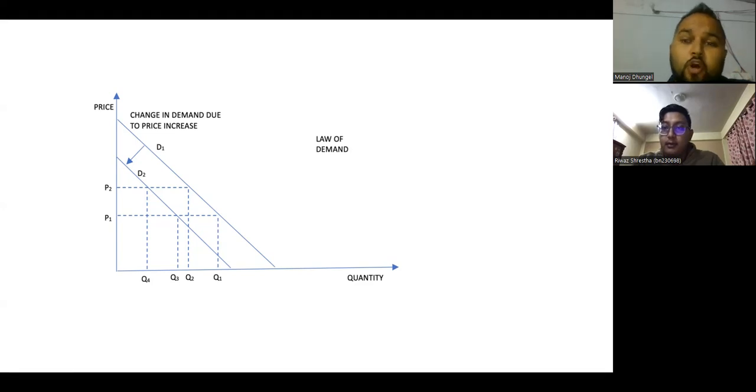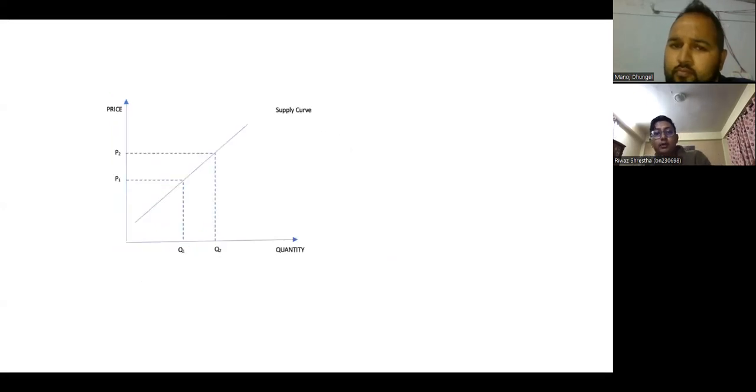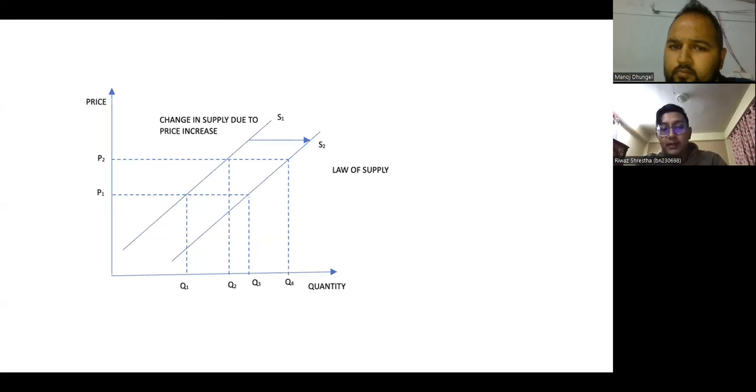That's good. What about the law of supply? What do you say? According to the law of supply, when price increases, the quantity supplied increases as well. As you can see in this figure, when the price increases, the supply increases. When the price is at P1, at first the quantity supplied was Q1, and now at price P1, supply is at Q3.